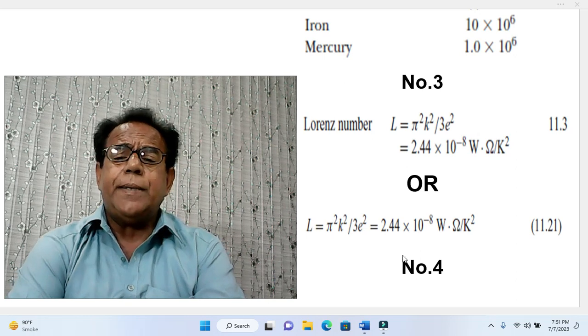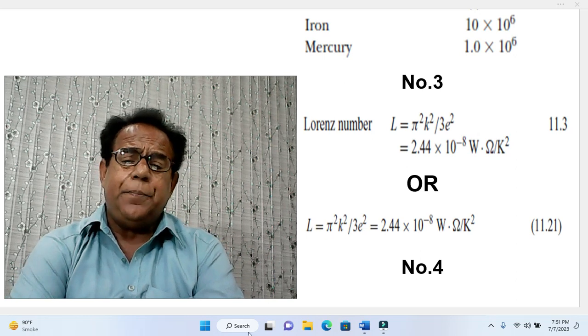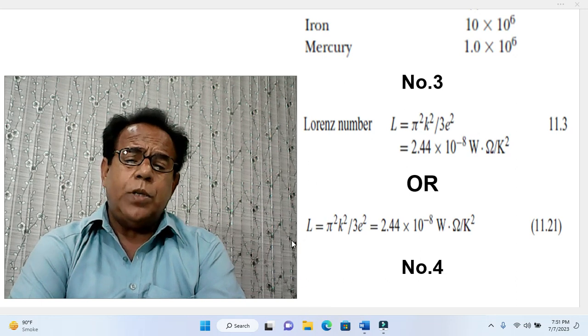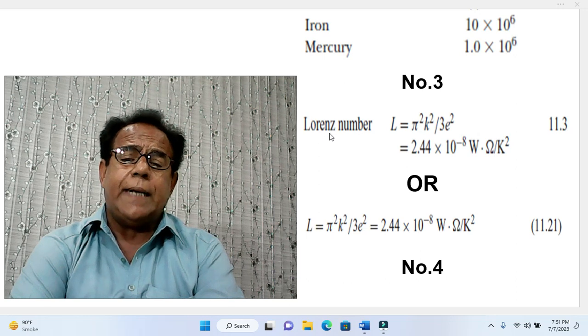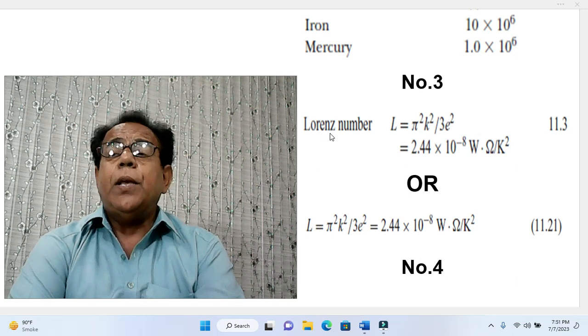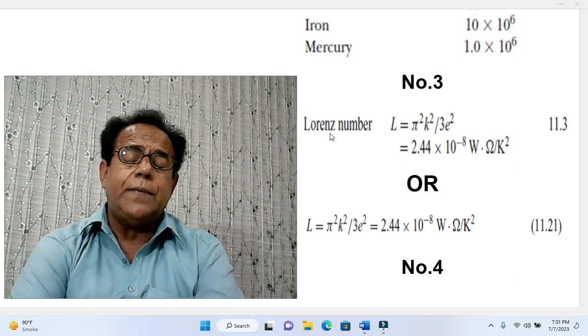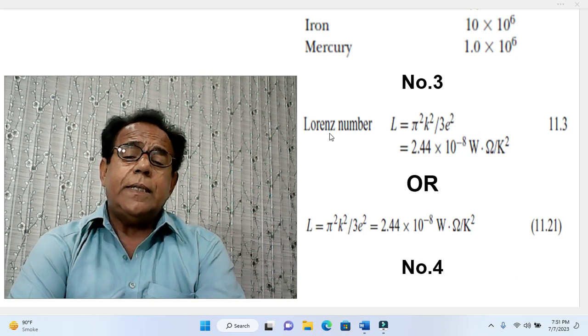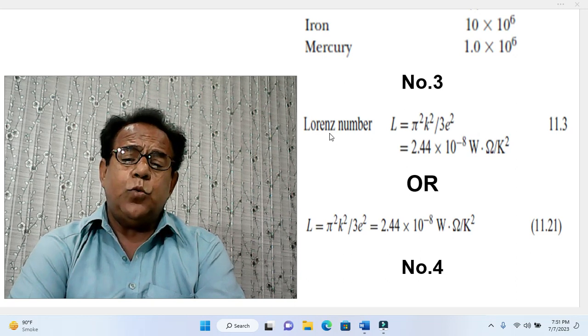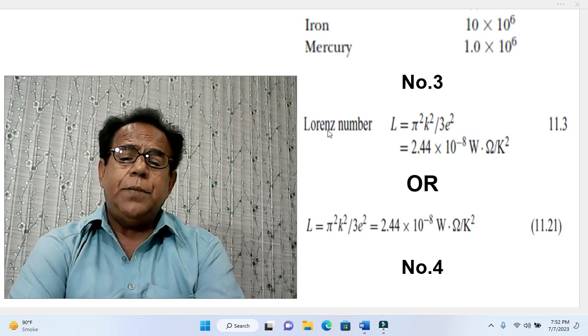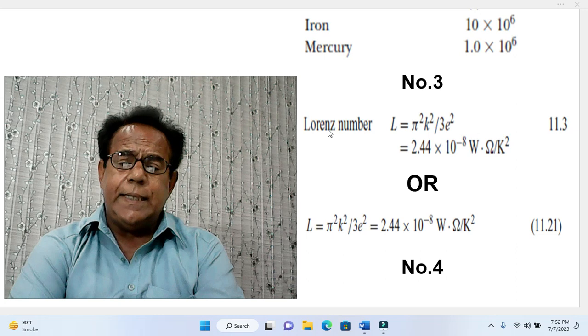So here in solid state physics, this word is spelled L-O-R-E-N-Z, Lorenz, while in special relativity or general relativity, the term used is Lorentz. In between N and Z, T comes.